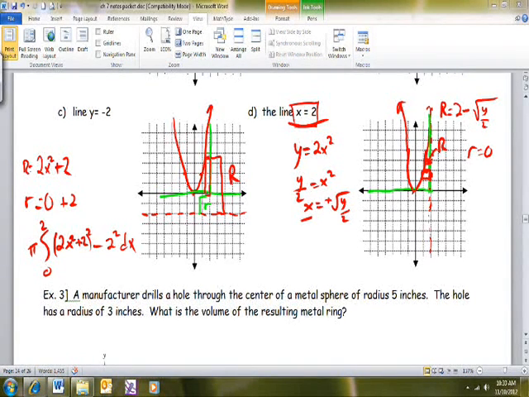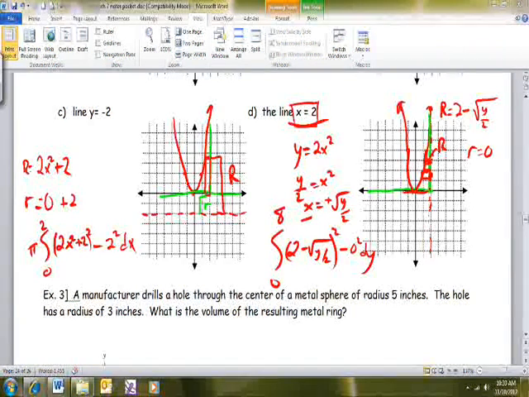So with that being said, once we're there, that's not bad at all, except for the fact that we need our bounds if we're going to have everything in terms of y's. So 2 minus the square root of y over 2, squared, minus little r, 0. If I have everything in terms of y, I need to make sure my bounds are in terms of y. So the lowest y bound is 0, and the highest y bound, as I mentioned earlier, is 8, up here where my graph equals 2.